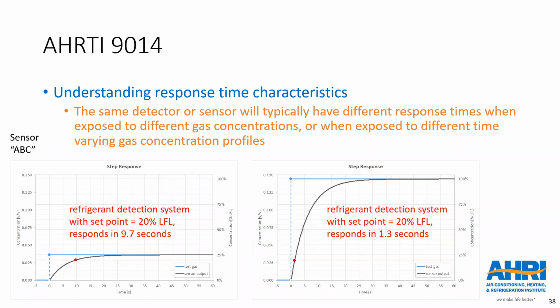This is why it's important to understand that a refrigerant detection system or a refrigerant sensor does not necessarily have a single response time in actual applications, because the response time in any installation or scenario will vary inversely according to the local refrigerant concentration relative to the set point. On the other hand, the T50 and T90 response time ratings are defined in terms relative to the size of a step change, and those ratings remain constant for steps to different concentrations.